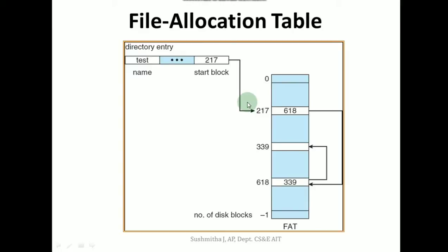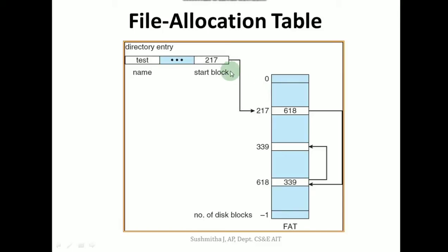The file allocation table is used in the same way as the linked list that you worked with in your data structures. So the directory contains the first block number, and then the chain continues until the last block.